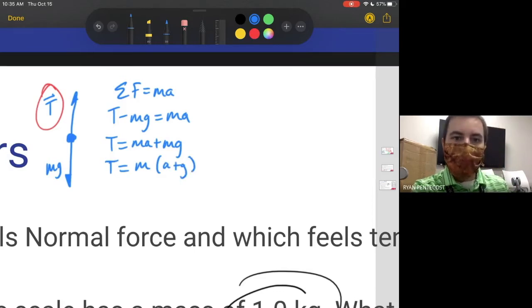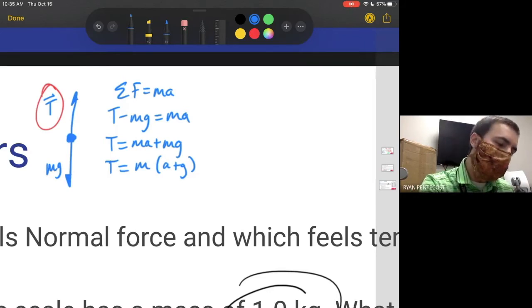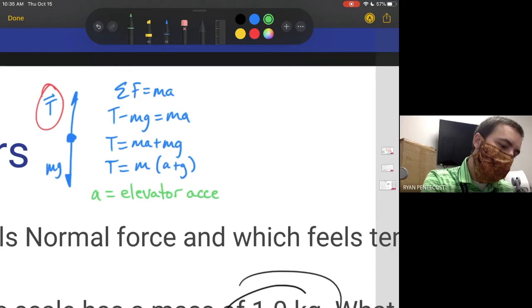Okay, so that a is the elevator acceleration or the system's acceleration. And then g will be a constant 9.81 meters per second squared.